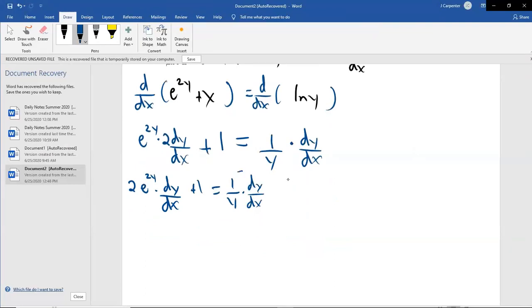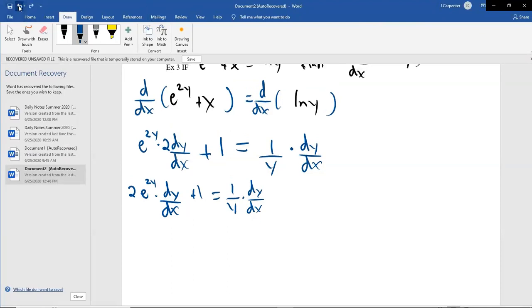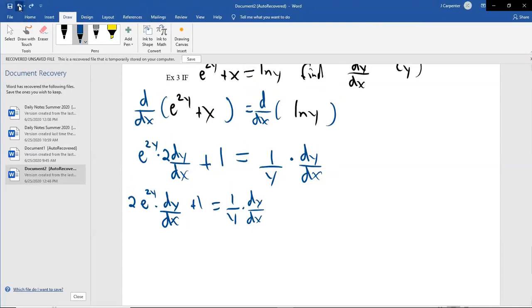So I'm going to move this term to the, actually, I'm going to take that back. I usually move the dy dx's to the left, but I'm not going to this time because the only non-dy dx term is here on the left, so it's going to be easier for us just to move this term to the right. I know it looks like a Madden drawing now. So we're going to move this term.